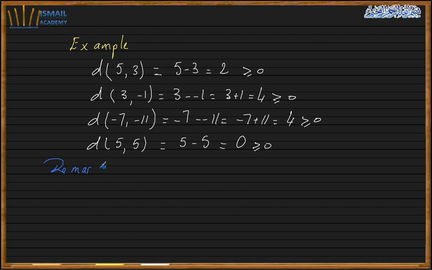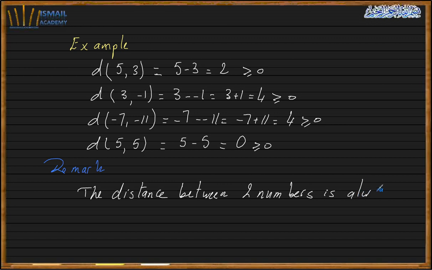The distance between two numbers is always positive.